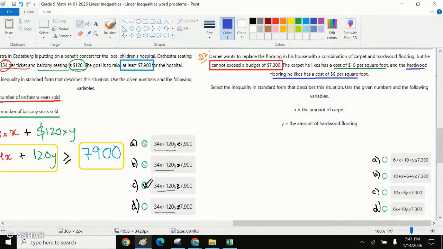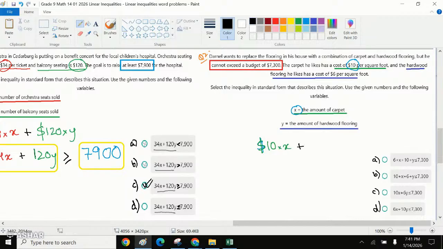So can we create an equation? We know that X is the carpet and Y represents the hardwood flooring, right? So can we say that $10 with X? Sorry. Can I have the answer also? I'm doing it slowly so that you can give me the answer.